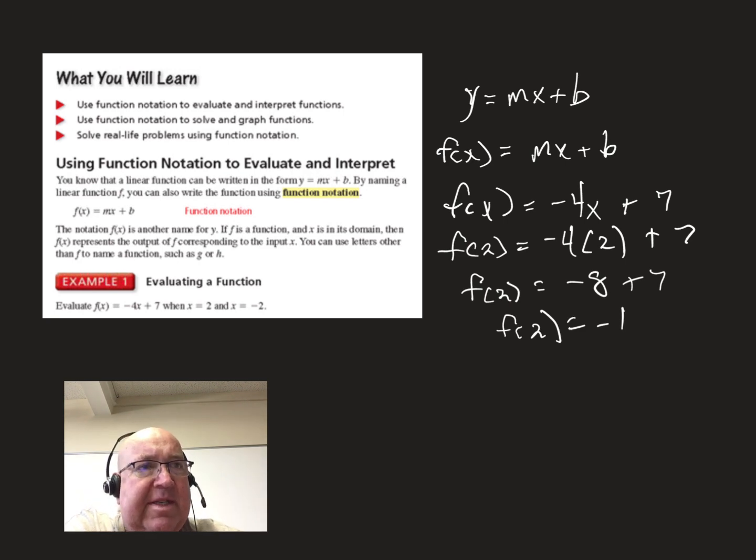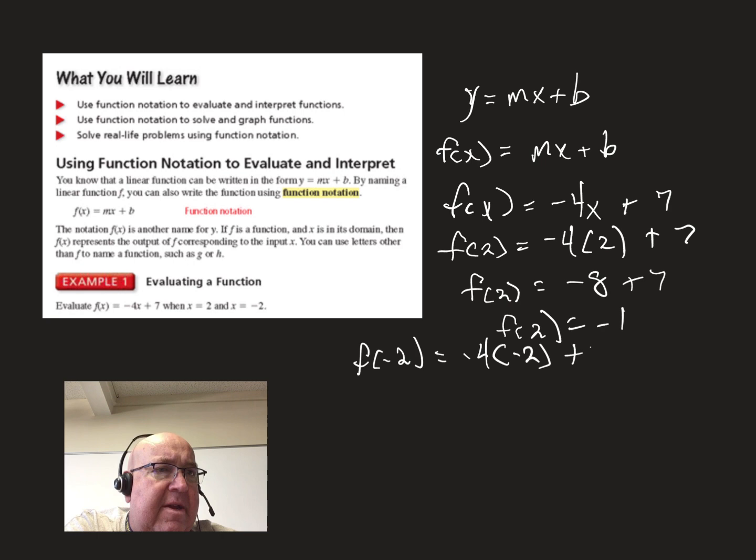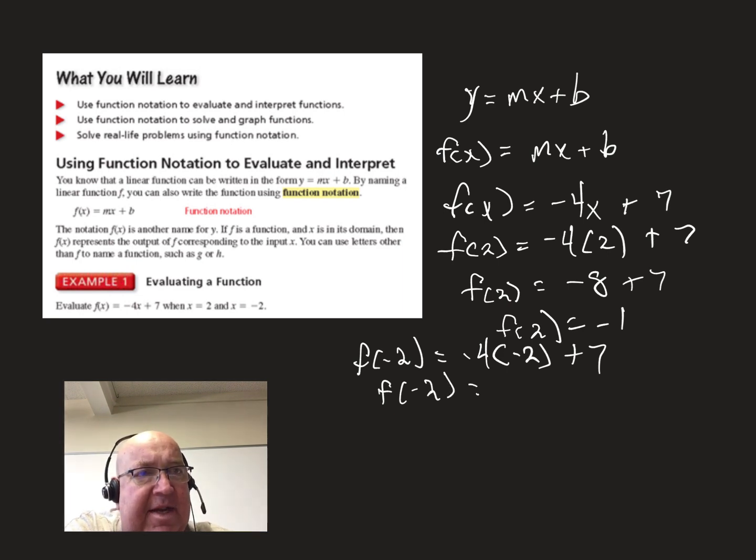Likewise, if we do the same thing for f of negative 2, we start with f of negative 2 is equal to negative 4 times negative 2 plus 7. Remember that when we multiply negatives, they become positive. Negative times a negative is positive. So we end up with 8 plus 7.